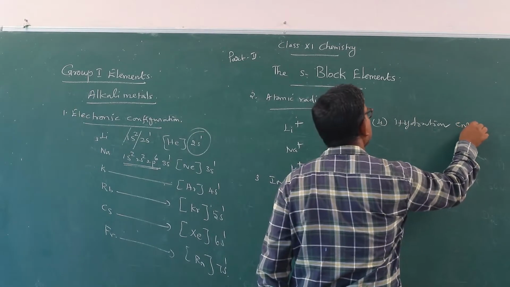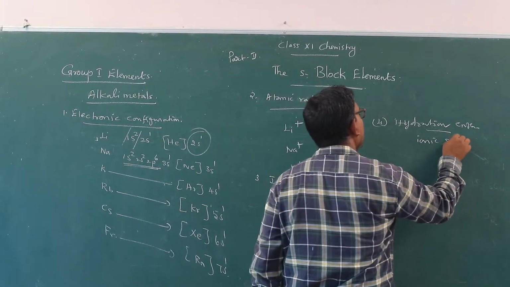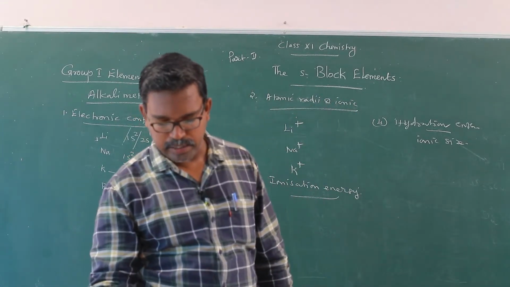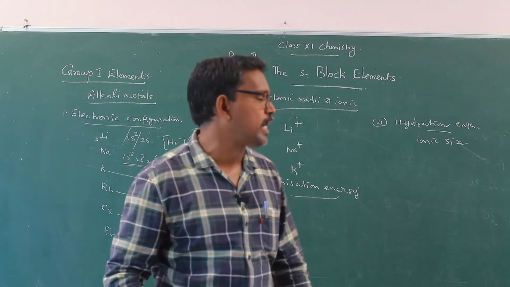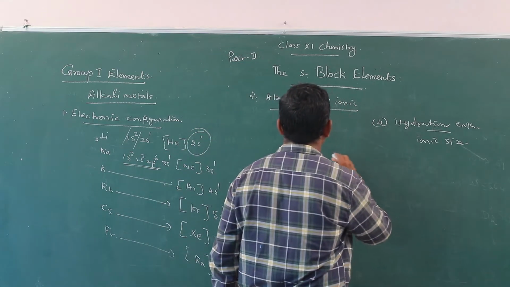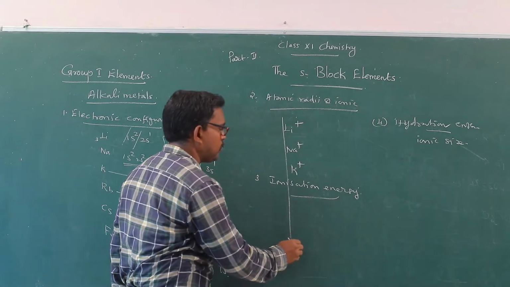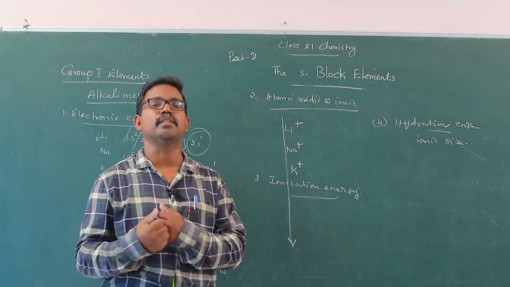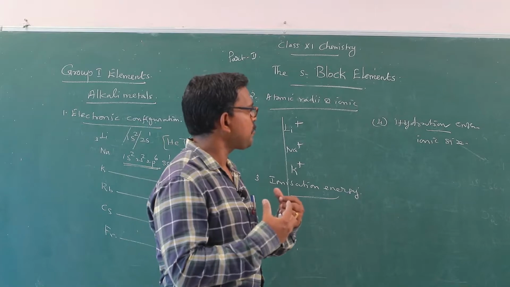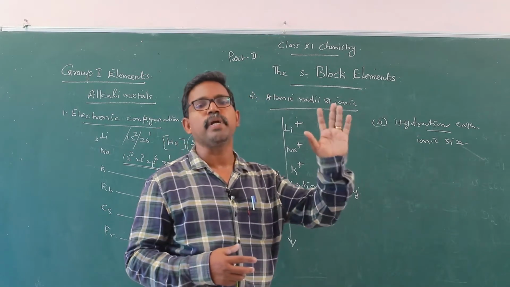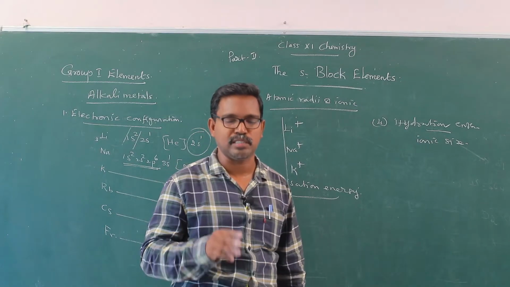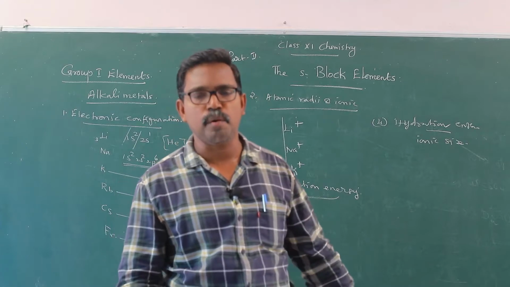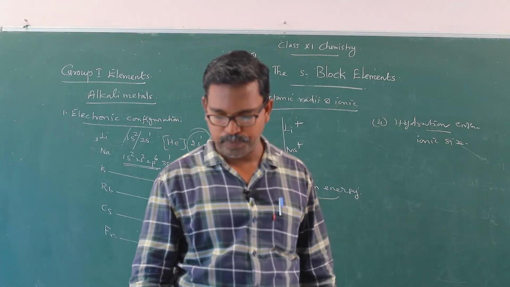From lithium to cesium, the size of the ion increases, and when the size of an ion increases, hydration enthalpy decreases. Simply say, from top to bottom hydration enthalpy decreases in the case of monovalent ions of alkali metals.